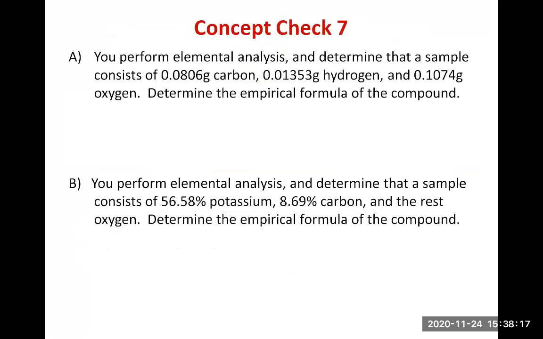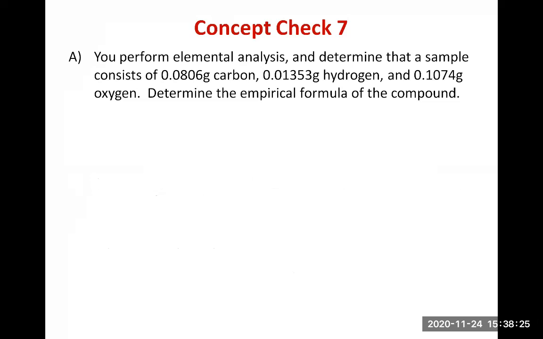Let's go through some concept checks here and practice this. There are 2 problems in this concept check, and we'll start with A. You perform elemental analysis and determine that a sample consists of 0.0806 grams of carbon, 0.01353 grams of hydrogen, and 0.1074 grams of oxygen.